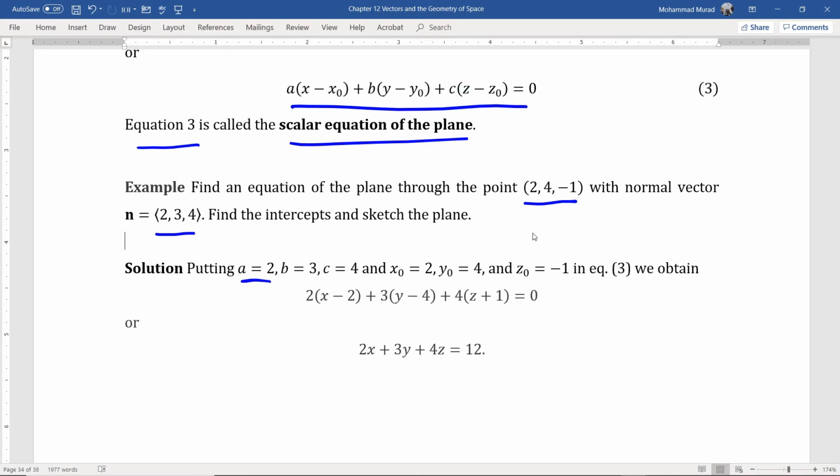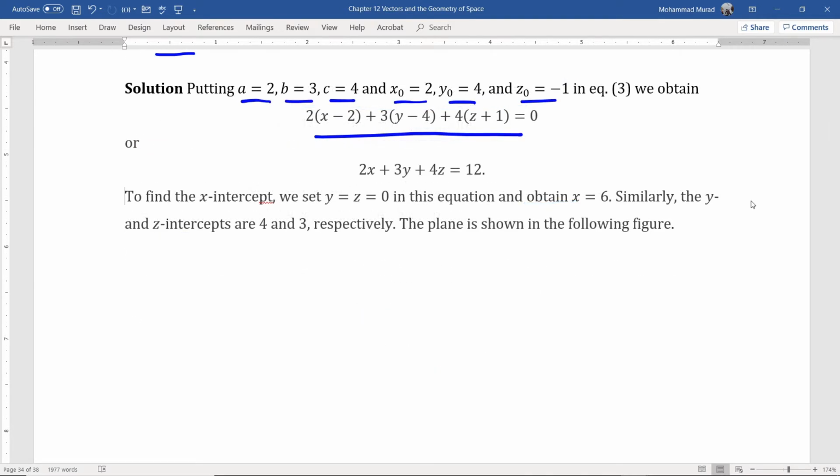So putting a equals 2, b equals 3, and c equals 4, the components of the normal vector, and x sub 0 as 2, y sub 0 as 4, and z sub 0 as -1 into equation 3, we obtain this equation, which can also be written as this equation. So this is the equation of the plane passing through the point 2, 4, -1 with normal vector 2, 3, 4.